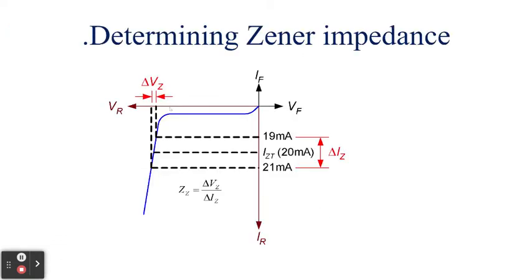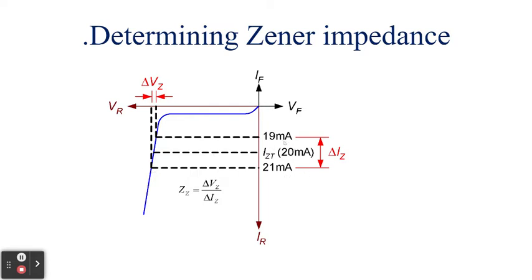Now, in this figure, you will notice that the VZ is on the left side, close to the VR, or the reverse voltage, and this VZ occurs, for example, here from 19 milliamperes up to 21 milliamperes.